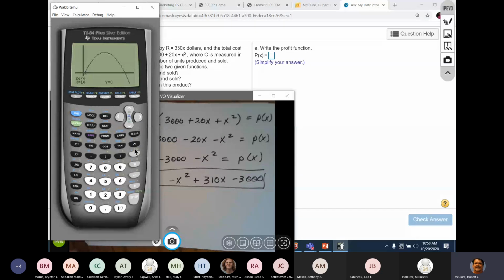That X-intercept is 10, so I'm going to graph this. So that X-intercept is 10. Vertex, second trace, maximum.